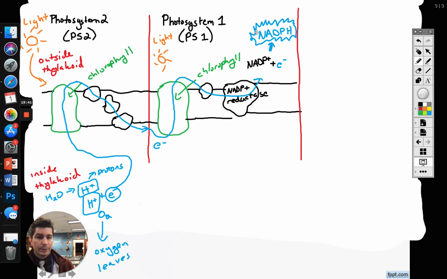I don't know where we got it from, it's cycled through the first step and the second step of photosynthesis, but NADP plus comes by. It gains that electron, so now it turns into NADPH. NADPH is simply a molecule that holds an electron until someone needs this electron. So photosystem number 1, all it does is form NADPH. That is our goal of photosystem number 1.